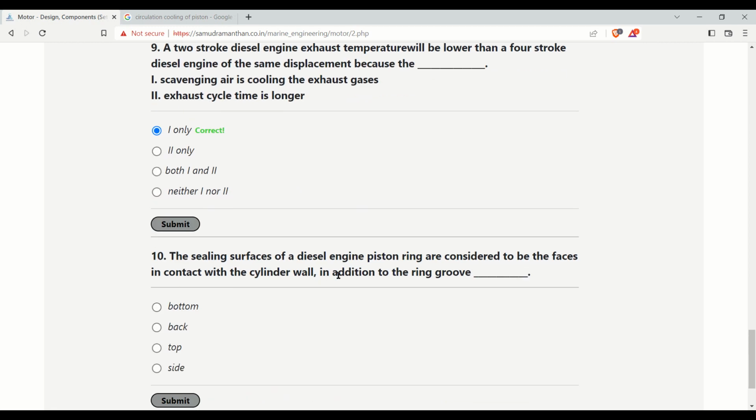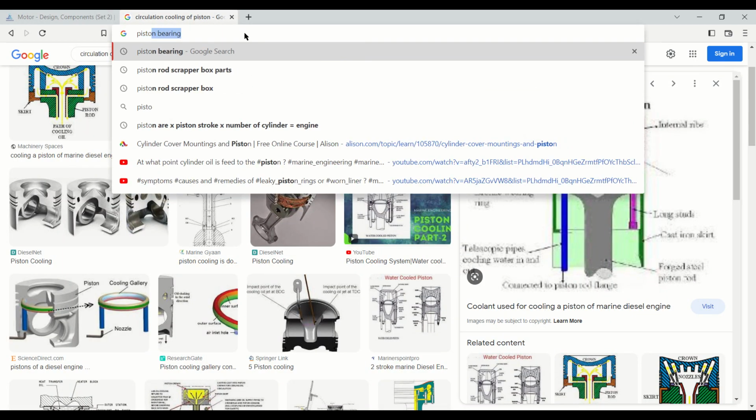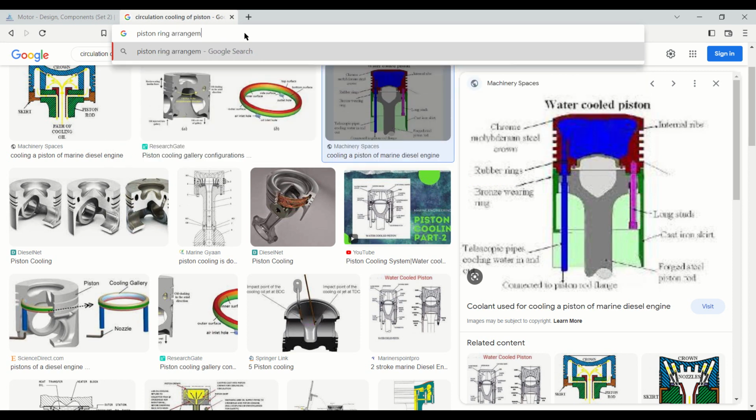The sealing surface of a diesel engine piston ring is considered to be faces in contact with the cylinder wall in addition to the ring groove. Bottom, it should be bottom, because from the pressure we will see it in a diagram. It will make you more clear. Piston ring arrangement in combustion in cylinder.